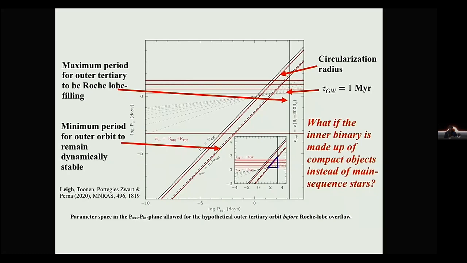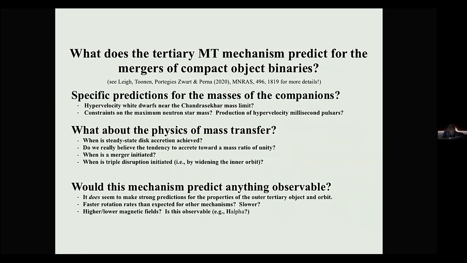So if you go to the last slide, it predicts something with a period in a very similar range as we were seeing before, but a little bit shifted to the right.